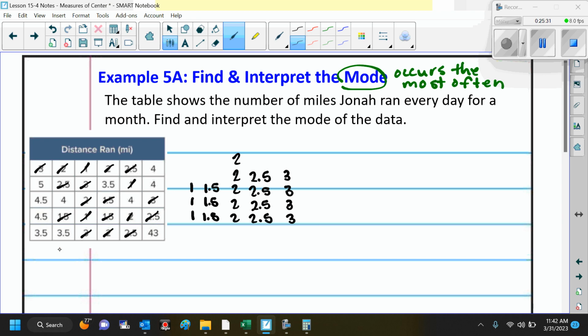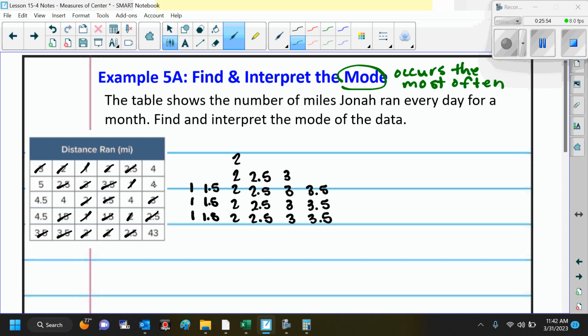There's 1, 2, and 3, so 3.5, 3.5, and 3.5. Okay? And then we've got a 4.